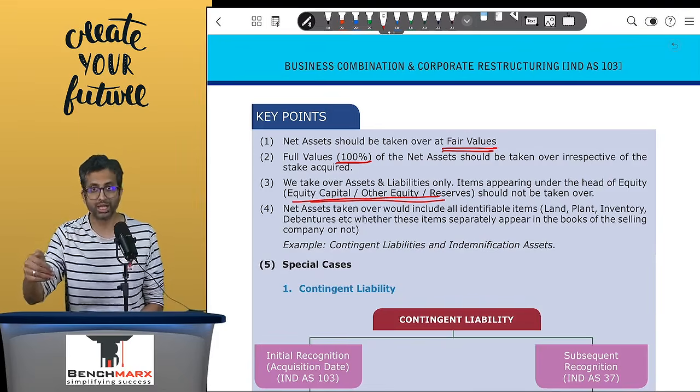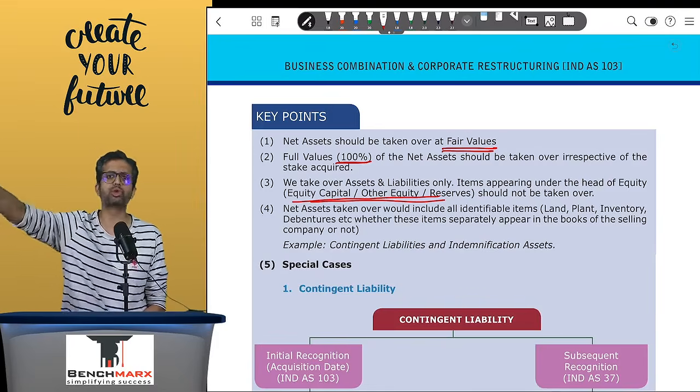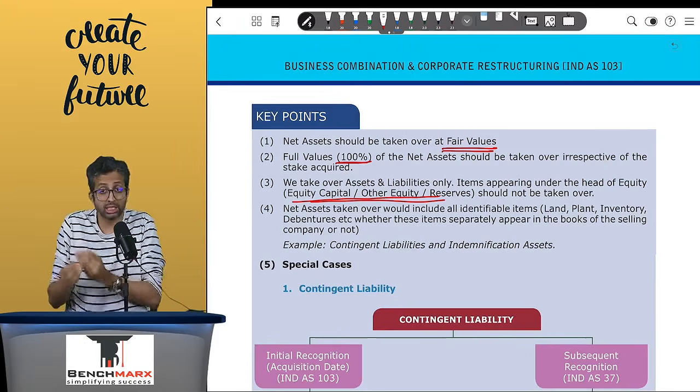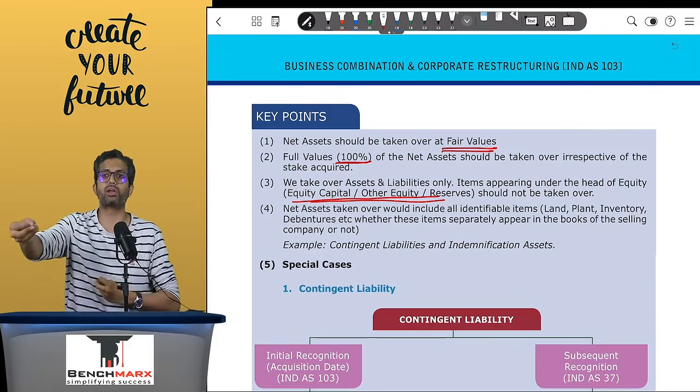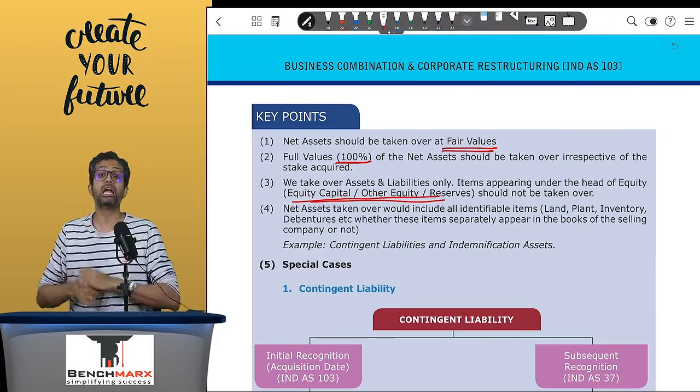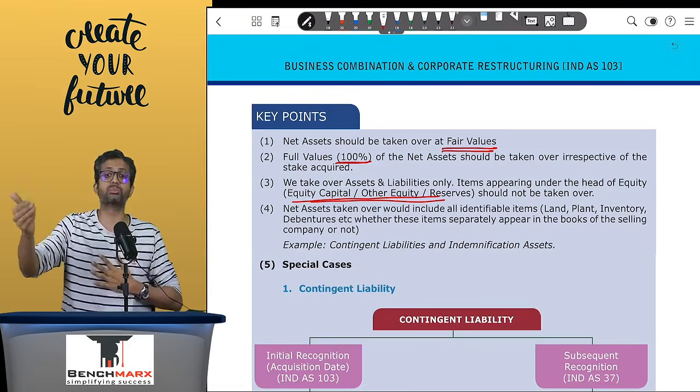This is irrespective of the fact that in the individual books of the selling company, you might have classified this as research and expensed it off to the P&L. In the books of the acquirer, if you are paying a fair value for that, it should be taken over as a part of your net assets taken over, irrespective of whether this was appearing in the selling company's individual books or not.